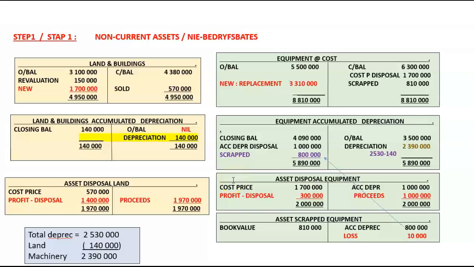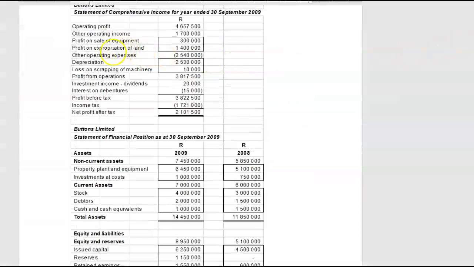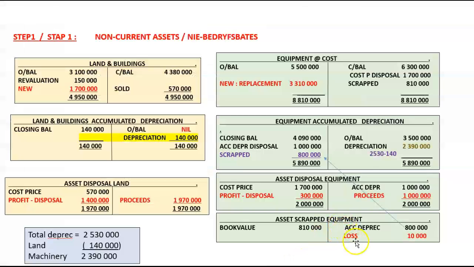810,000. Now guys, we don't know what the accumulated depreciation was, but they've told us, again in our question, that there was a loss on the scrapping of equipment, loss on scrapping of machinery and equipment of 10,000 rand. So we can plot that into our asset scrapped account, 10,000 rand.